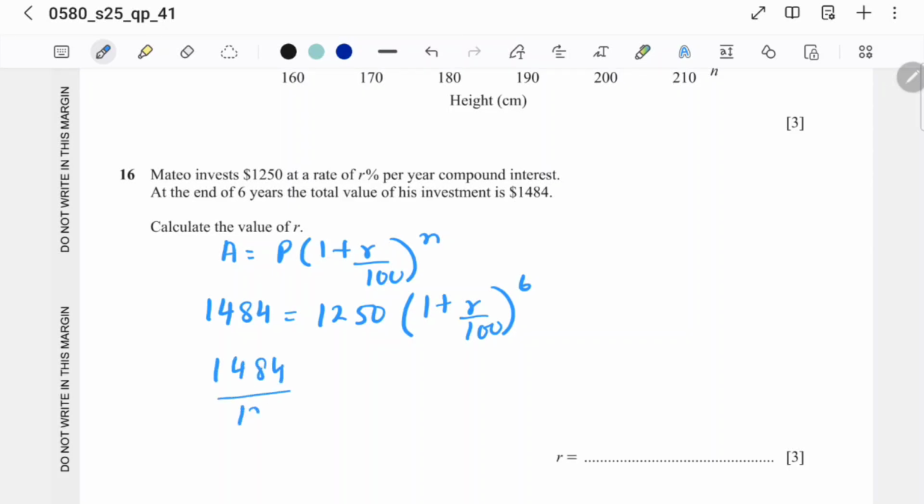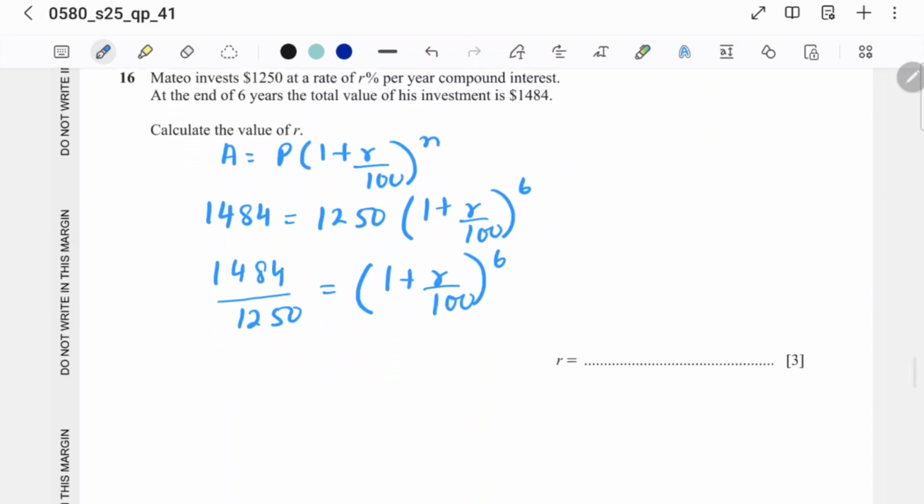1484 divided by 1,250 is equal to 1 plus R over 100 to the power of 6. First of all, write down the value that comes after division: 1.1872 is equal to 1 plus R over 100 to the power of 6.